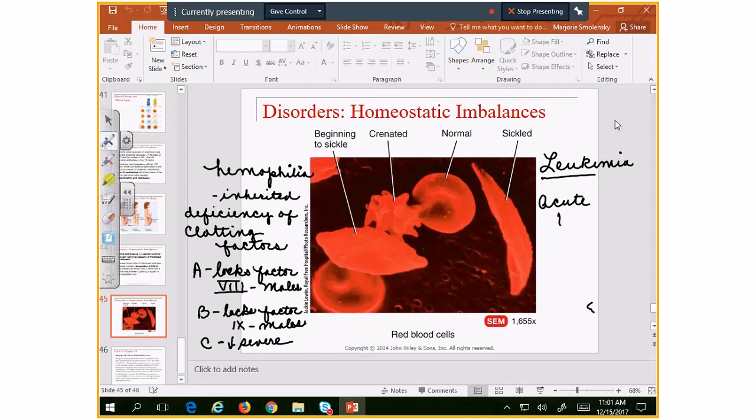So this is lots and lots and lots of immature white blood cells. And it actually prevents the production of red blood cells and platelets because of the crowding out. So this crowds out red blood cell production and platelets.